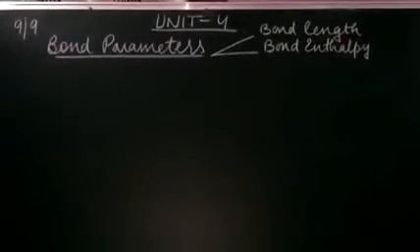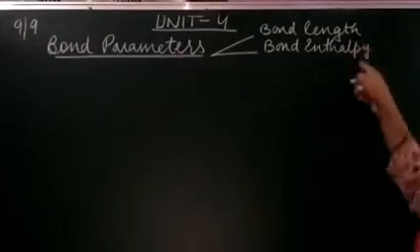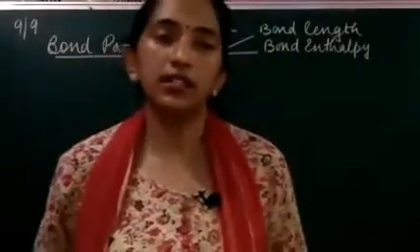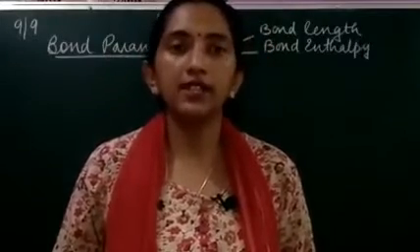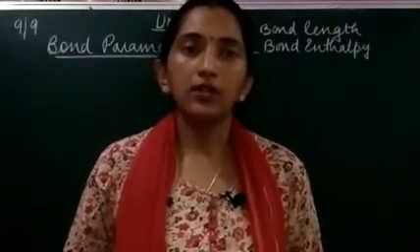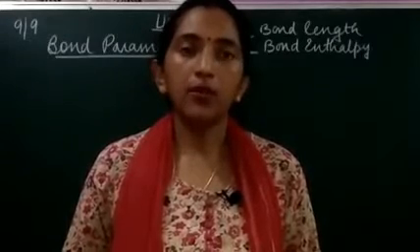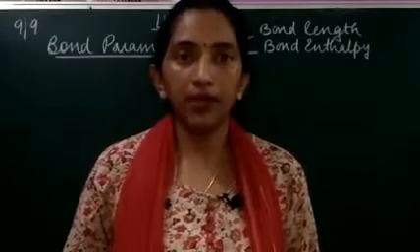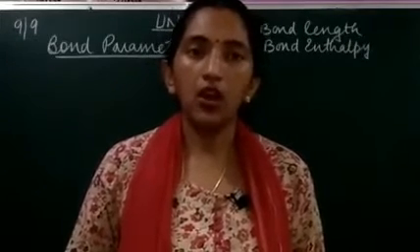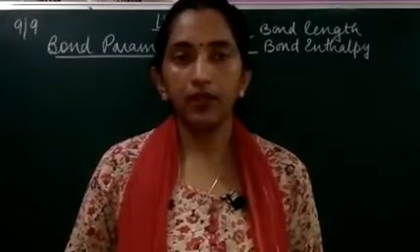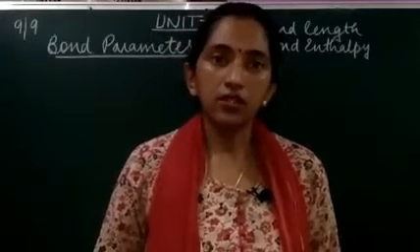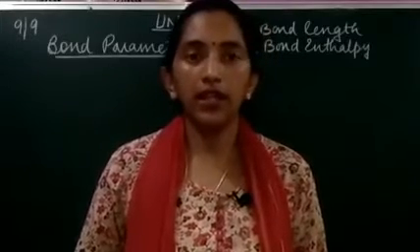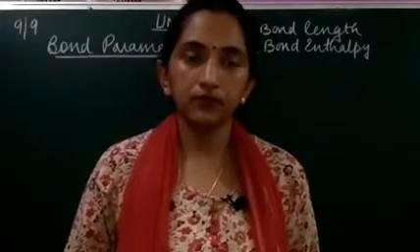Students, in our last class, we started the bond parameters, and we discussed bond length and bond enthalpy. Today we are going to discuss one more bond parameter, that is the bond angle. Now, what is the bond angle? Whenever a bond is formed, either through end-to-end (head-to-head) overlapping or sideways overlapping, the shared electron pairs occupy the molecular orbitals.